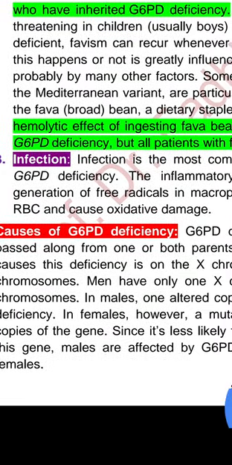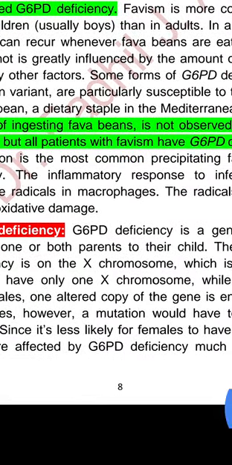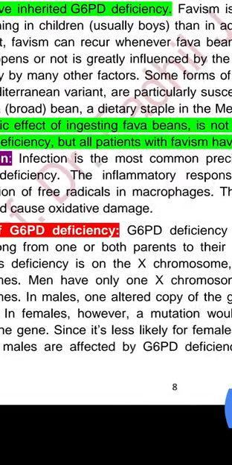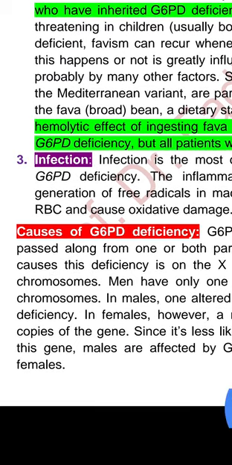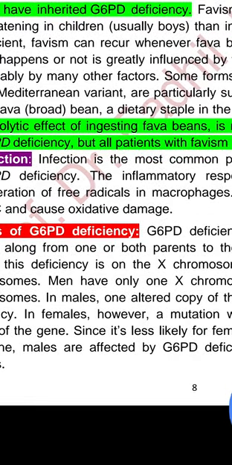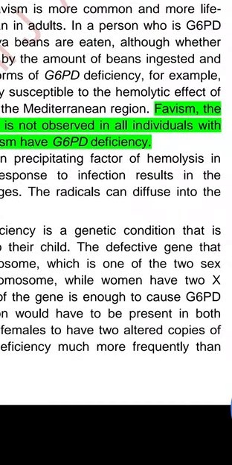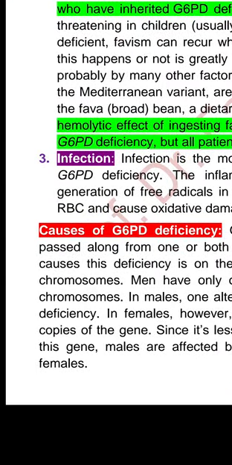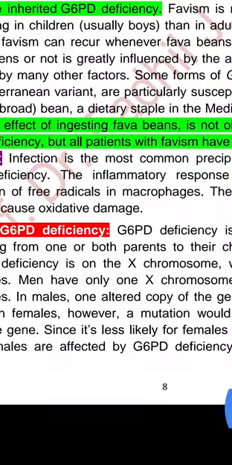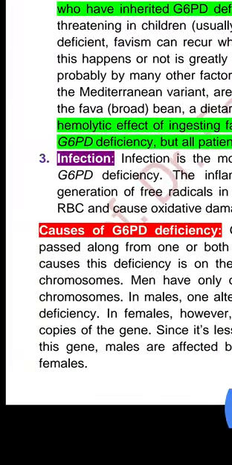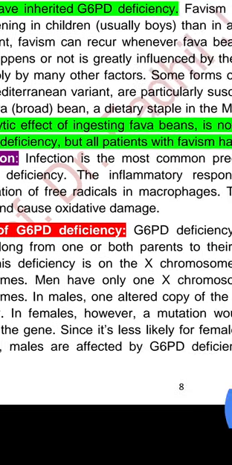Infection is the most common precipitating factor for hemolysis in G6PD deficiency. The inflammatory response to infection results in the generation of free radicals in macrophages. The radicals can diffuse into the RBCs and cause oxidative damage.